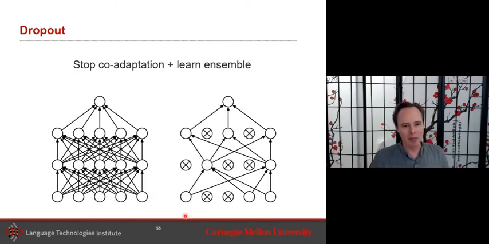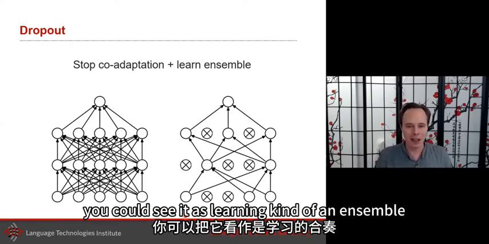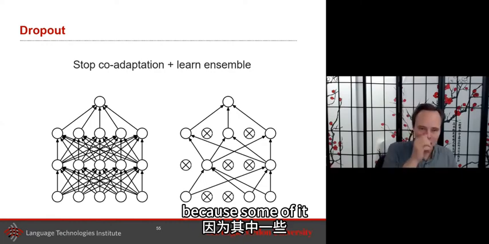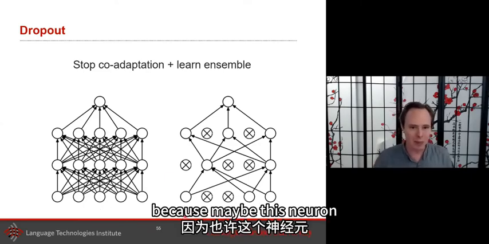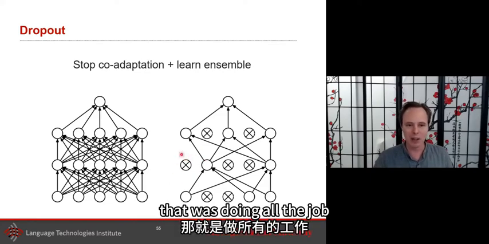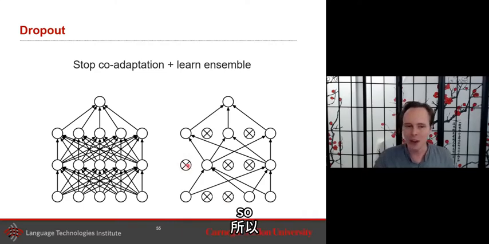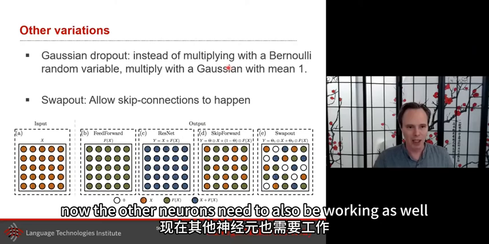So dropout stops co-adaptation and learns kind of an ensemble. It forces neurons that were useless to not be useless, because maybe one neuron was originally the really good one doing all the job, but it got turned off. Now the other neurons also need to be working.